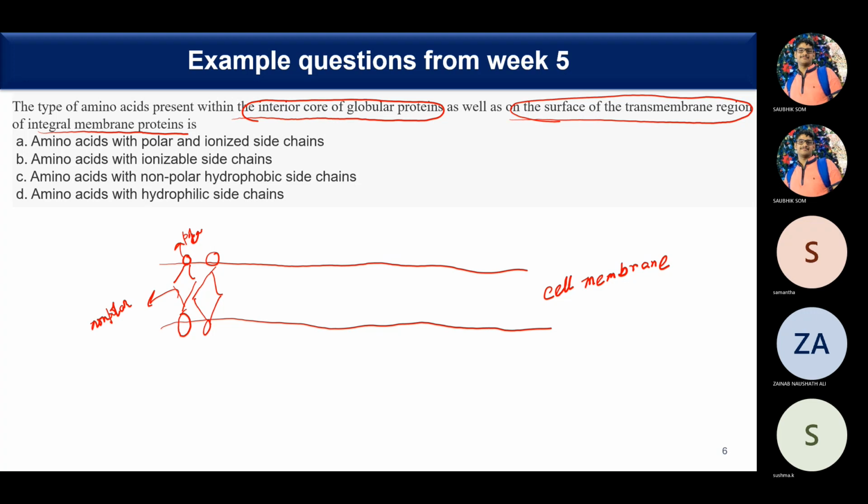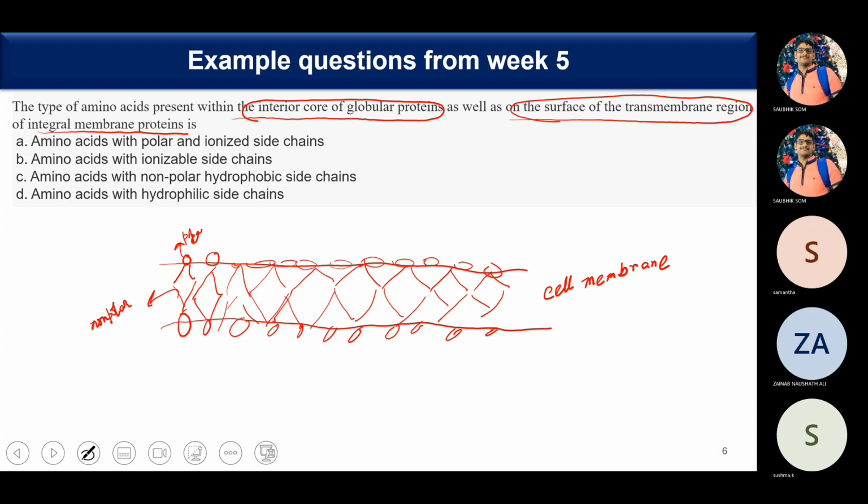Now we have something like this everywhere, and we have these polar chains outside and here also. If my protein, in green, wants to get in here, what does it first have to do? This part hates water.